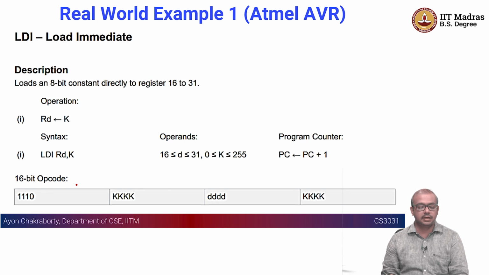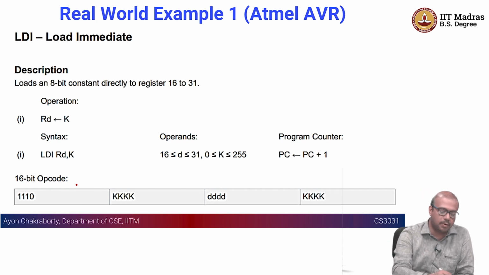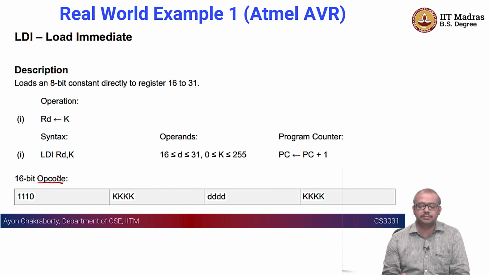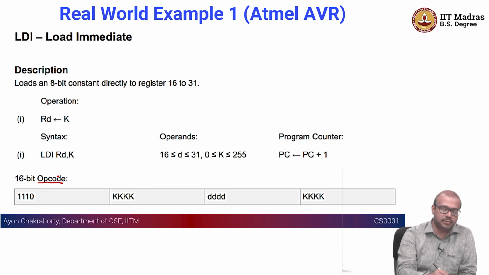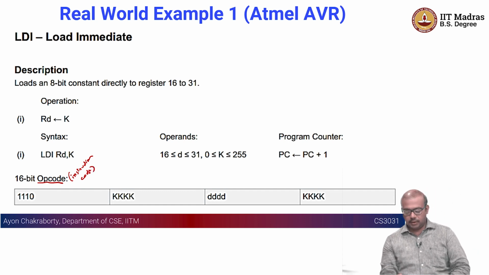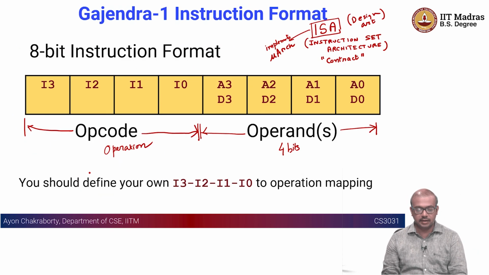I am going to take you through some real world instructions. They all have 16-bit opcodes. This opcode is sometimes used interchangeably. Here, 16-bit opcode means they are trying to say a 16-bit instruction code. In the previous slide, I told you about an 8-bit instruction format.